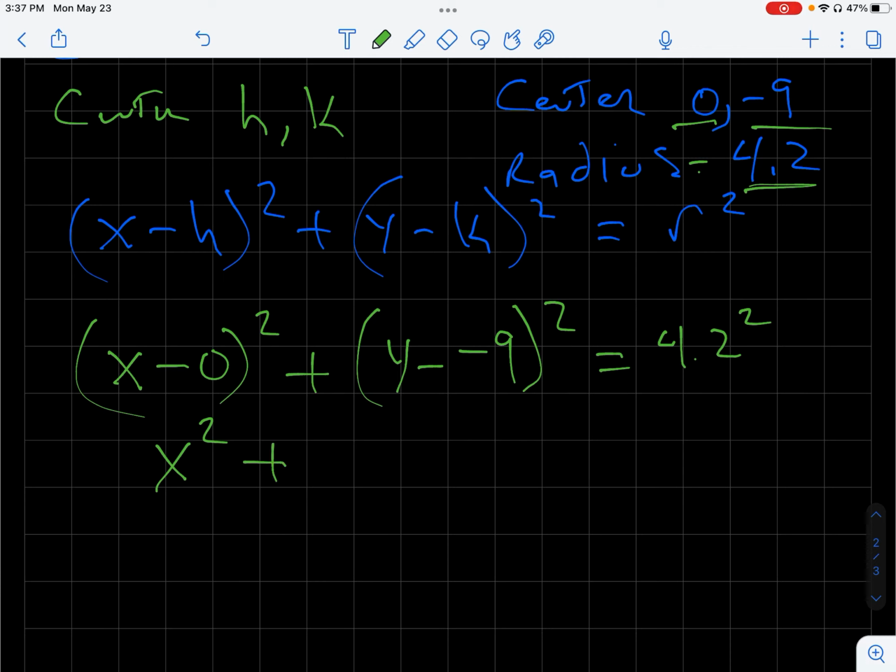So let's reduce this down a bit. x minus 0 squared is x squared, y minus minus 9 squared is y plus 9 squared, equals 17.64, which is 4.2 squared. And that is the end of that example.